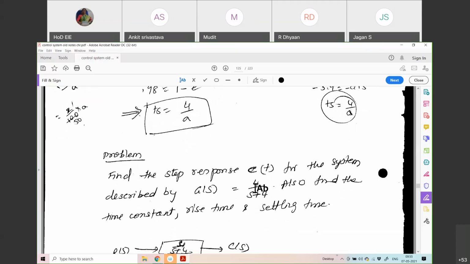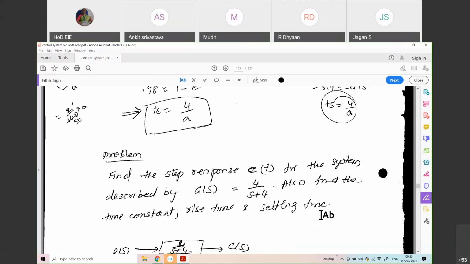Find the response C of t for the system described by G of S is equal to 4 by S plus 4. Also find the time constant, rise time and settling time. Looking at the system, you should say that it is in the first order system format. Now what is it asking?